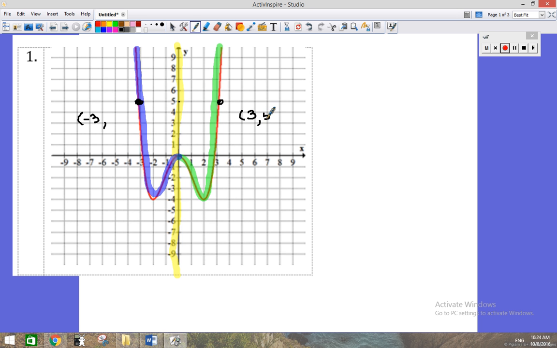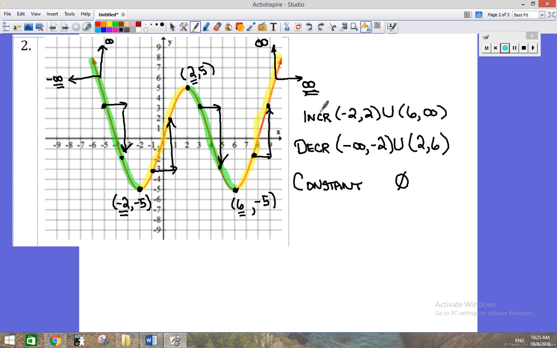So we say that this point has been reflected across the y-axis. And if that's true for all of the points on the graph, then it's an even function. And if it's an even function, it can't be both even and odd at the same time.